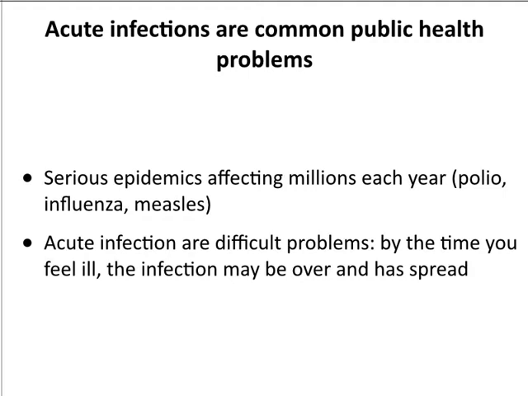Influenza and measles and a number of other respiratory viral infections are problems for epidemiologists, for physicians, for scientists, because they spread very quickly. You have this large population of individuals who are infected, they're spreading virus, and no one knows it, essentially. By the time you feel ill, the infection is over. Or if it's an inapparent infection, of course, you never feel ill and you're spreading the infection.